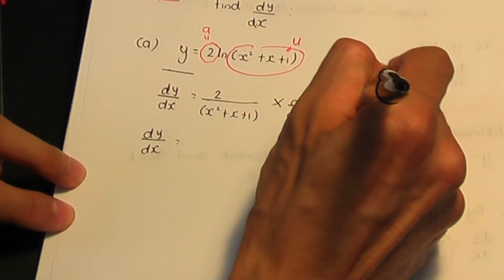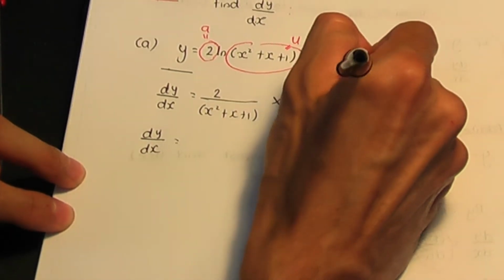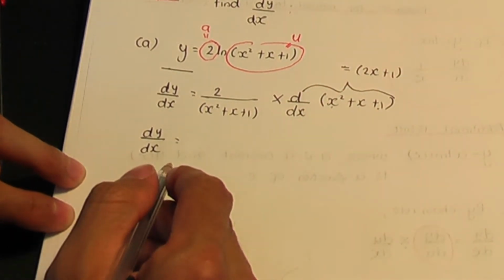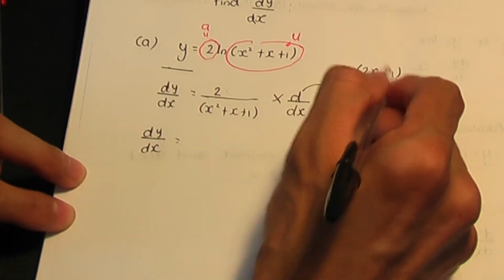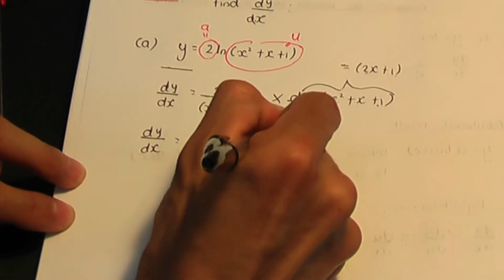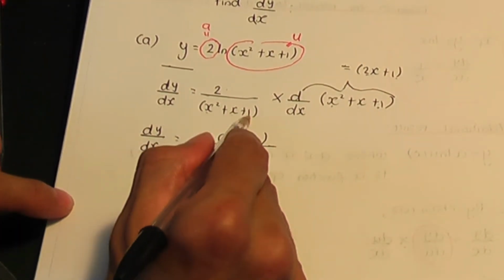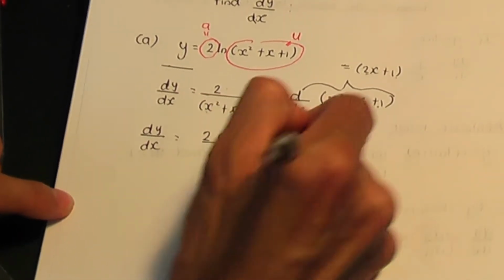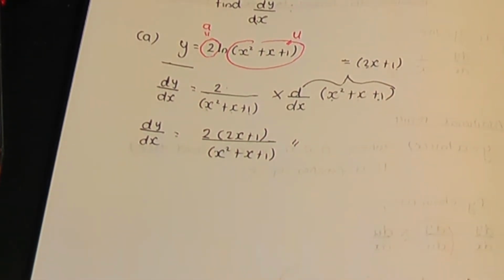So d by dx of x squared plus x plus 1 is 2x plus 1. So if we simplify, let me leave this as 2 into 2x plus 1, divided by x squared plus x plus 1. So this should be the solution to the first part, part A.